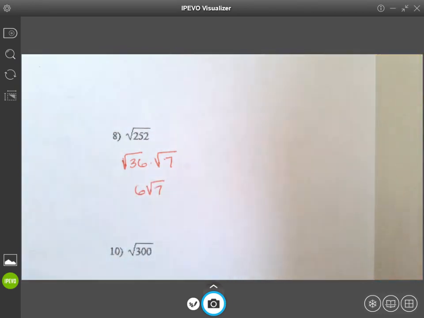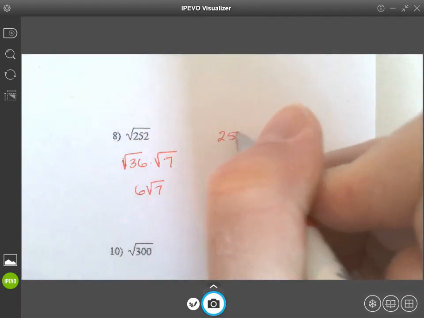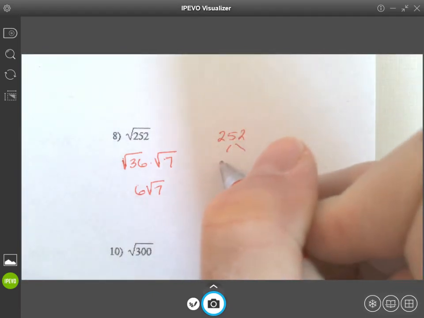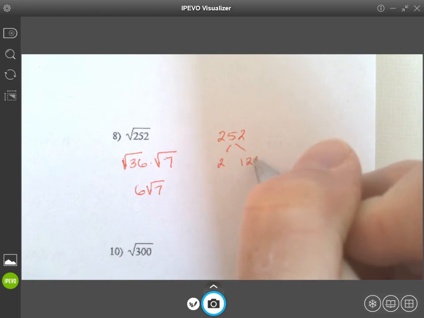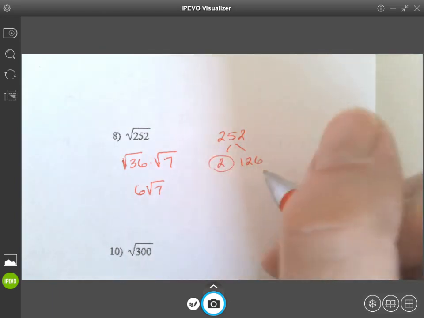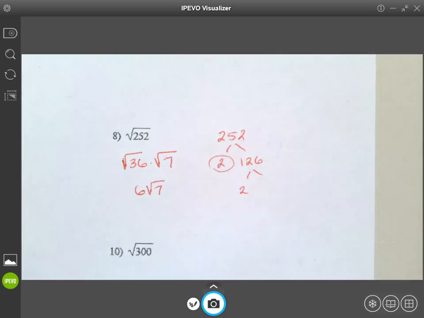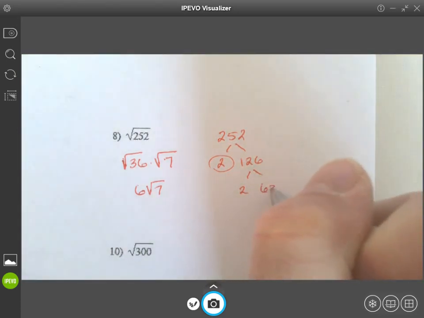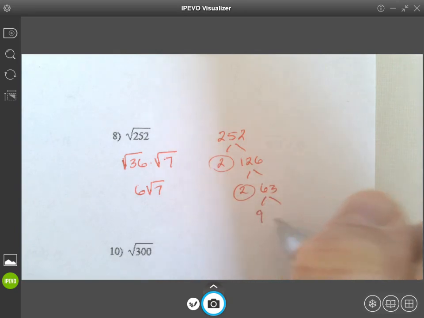The other way to do this is to take your 252 and to then break it down. What did we say it was? 2 and 126. And there's a prime number. And then you keep doing your prime numbers. 63. And then this would be 9 and 7. And then 9 is 3 times 3.